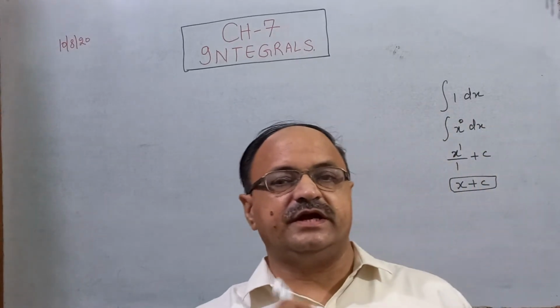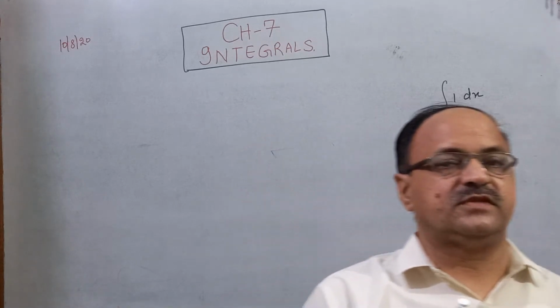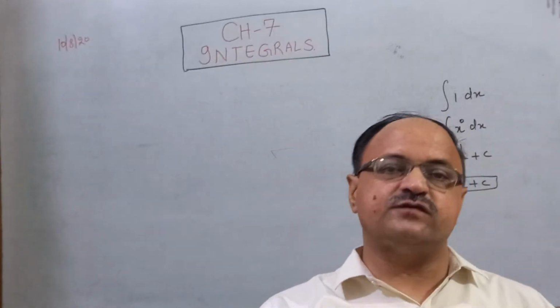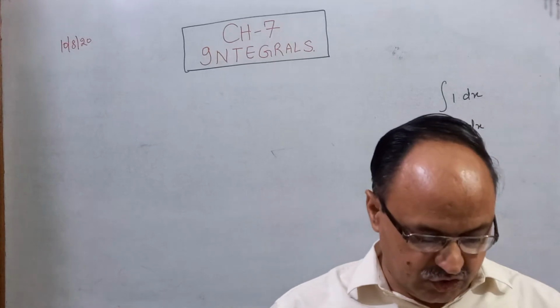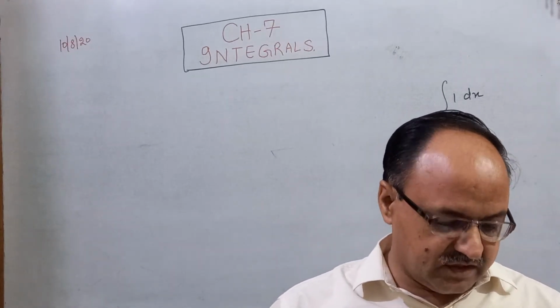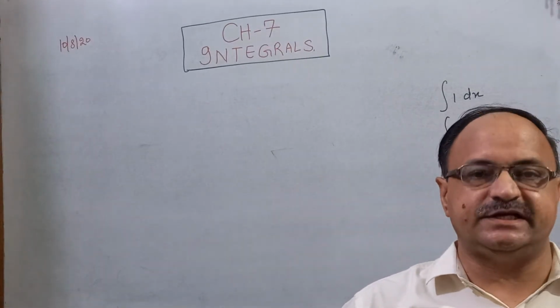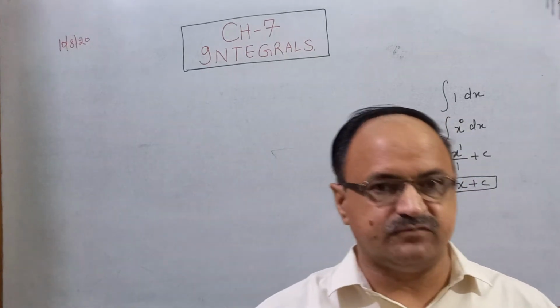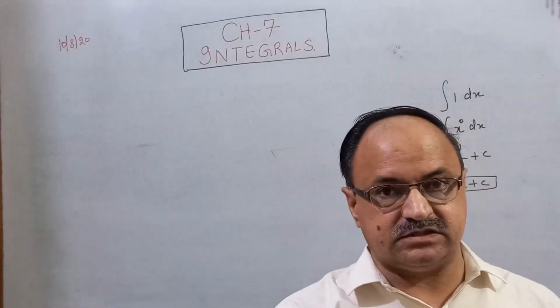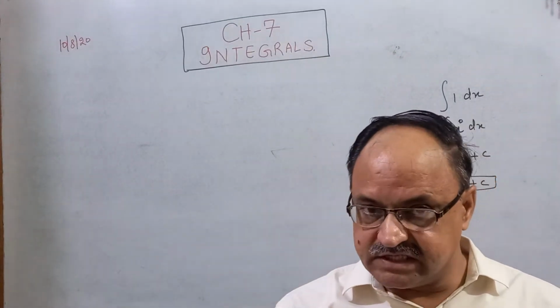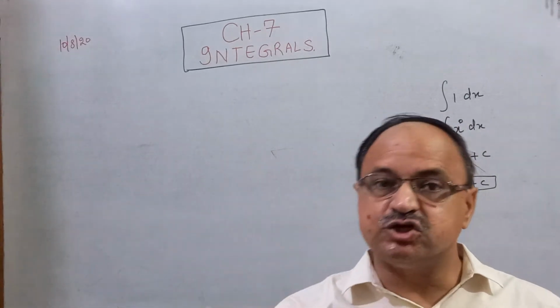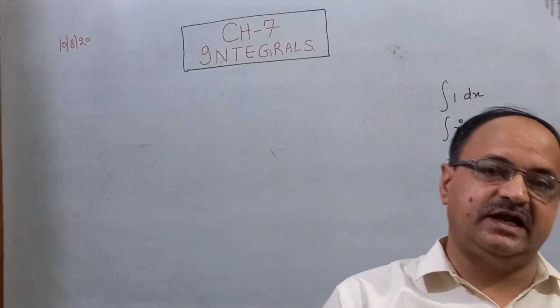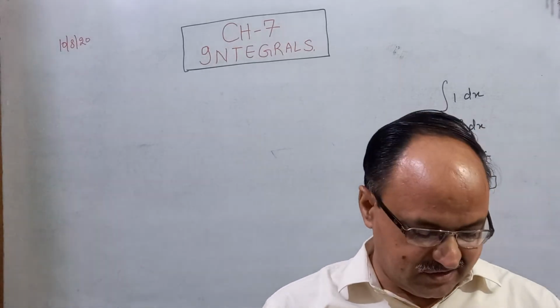Therefore the derivative of sin x is cos x, and the integration of cos x is sin x. You can learn all the formulae given on page number 290. The derivative of tan x is sec square x, therefore the integration of sec square x is tan x, a simple formula.